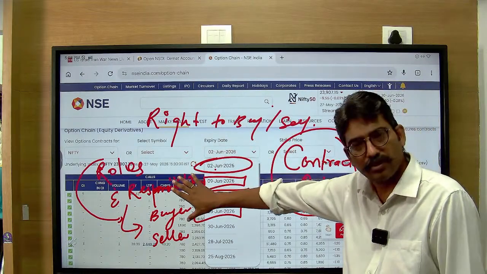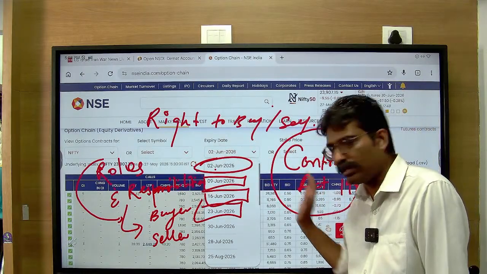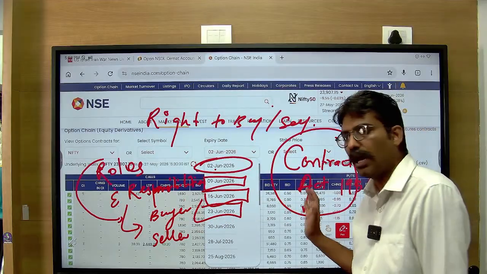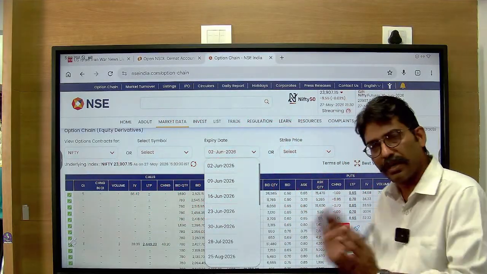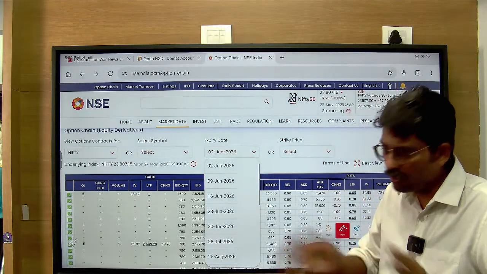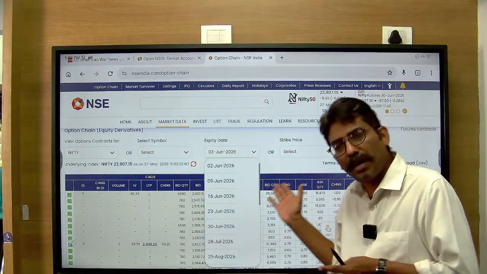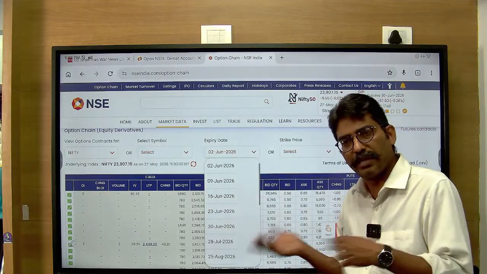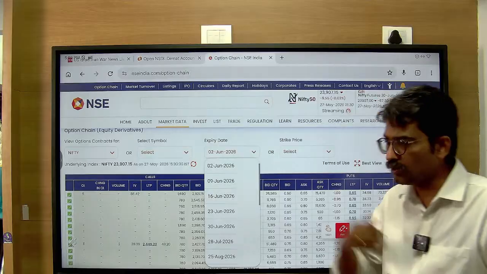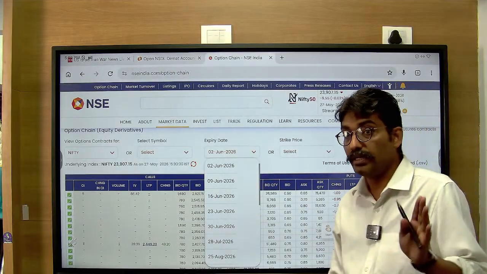Because I'm not thinking from the contractor perspective. I'm not thinking from an enforcing perspective. I'm thinking purely from a trader perspective. The trader has only one mindset: buy and sell, make profits, not get into the legal part of it. Is he there to fight? Is he there to enforce it? No, his idea is just buy and sell, buy and sell. Like you're buying a house and selling it, not retaining it.